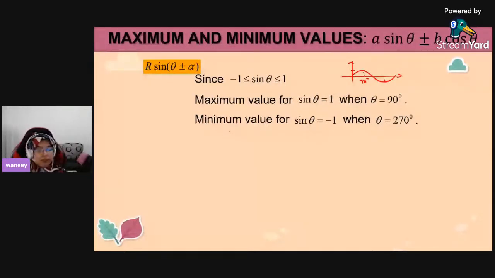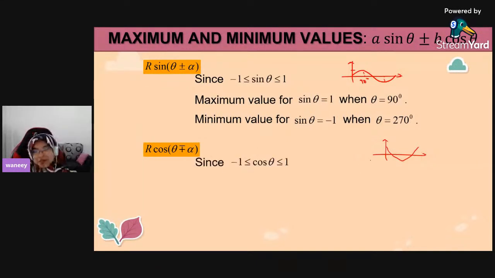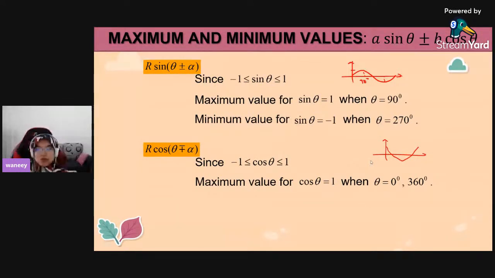If we have r cos theta minus or plus alpha, basically if you draw the graph for cos theta, something like this, how do we get the maximum value? The maximum value is whenever theta is equal to 0 or 360, at the first or the last of the rotation, which is when cos theta equals 1.